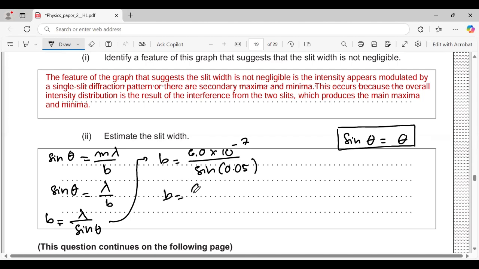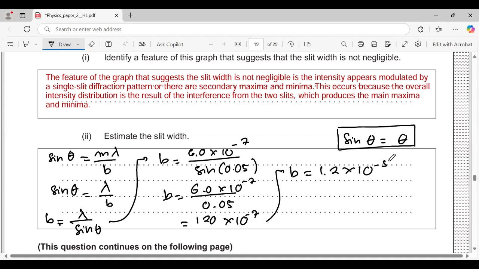So b equals 6.0 times 10 to the power minus 7 over 0.05. 6 divided by 0.05 is 120, times 10 to the power minus 7. So b equals 1.2 times 10 to the power minus 5 meters.